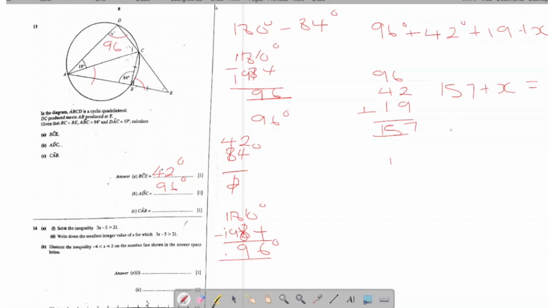So x is equal to 180 minus 157, which is 23. So this angle here is 23 degrees. So this is our answer here.